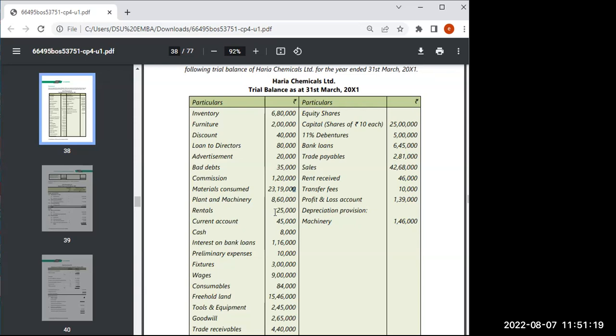Cost of material consumed is equal to... If it is given in the question, directly write it. No problem. In this question, it is given like that only. But sometimes it may not be given like that. You have to calculate. How do you calculate?